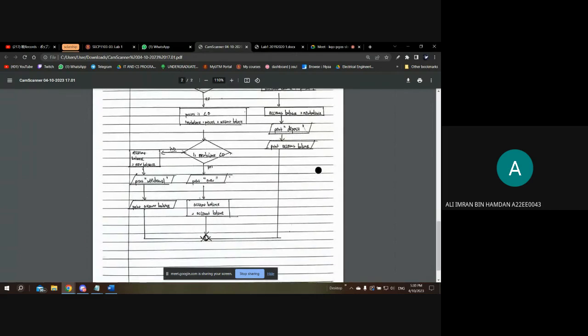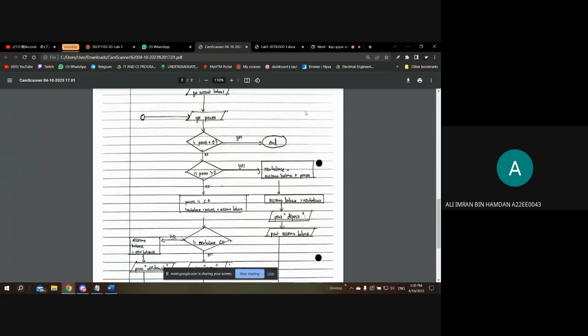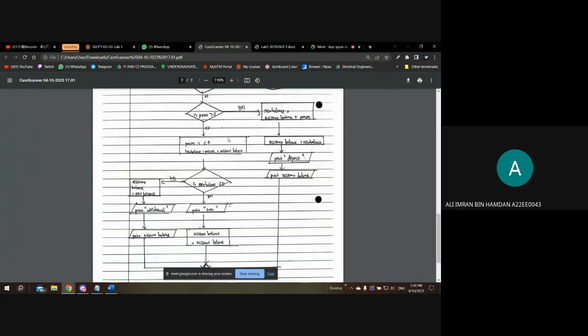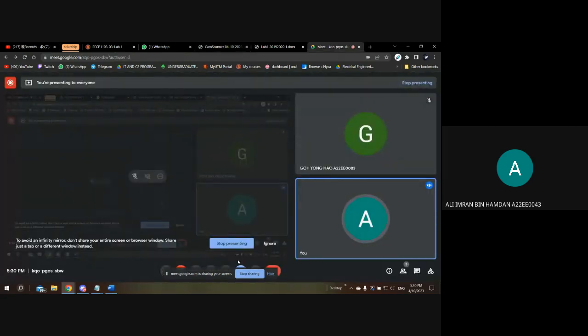If new balance is not less than 0, it's not negative, so account balance is new balance, just replace it. Print withdrawal, print account balance, go to the terminal and go to the end. So that's it. Hopefully you can understand it. Forgive my terrible handwriting. That's it from me. Thank you. I think that will be all. Thank you.